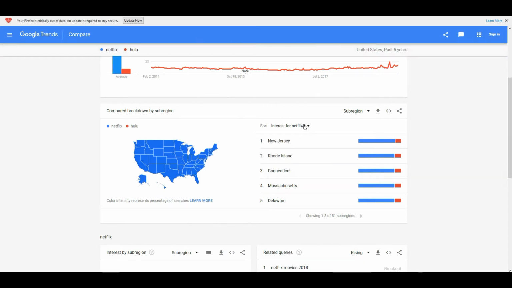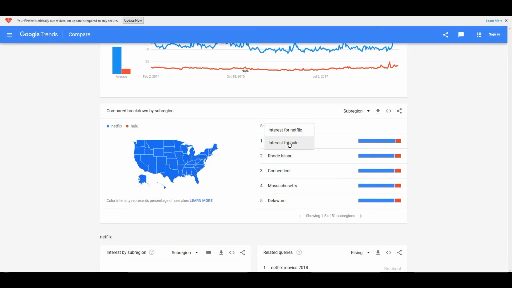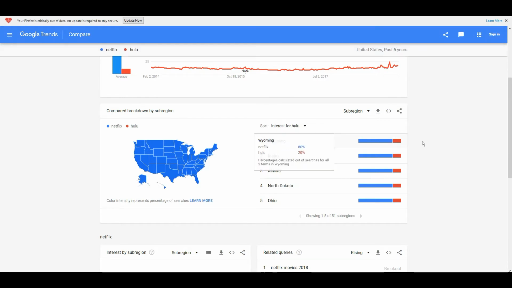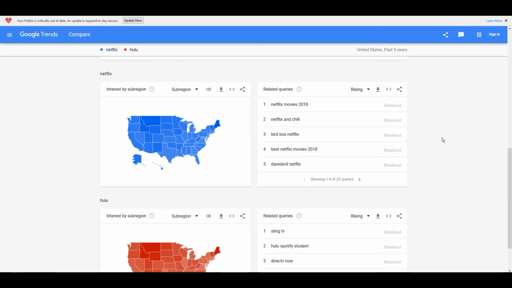And then it shows the interest for Netflix versus the interest for Hulu, right? And it even comes up with this little graph right here. So this is in Wyoming. 80% of the searches were for Netflix, 20% were for Hulu, right? This is just by these two search terms.